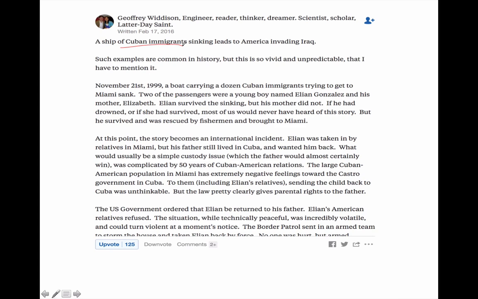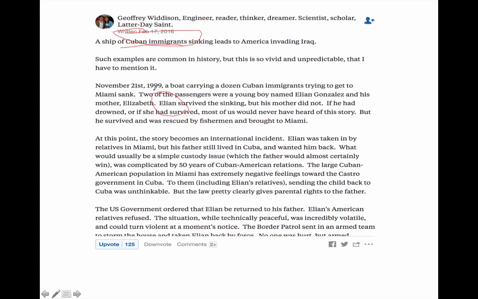So it was a normal event because lots and lots of boats sink every day in the ocean. But this particular one was very peculiar because it was carrying Cuban immigrants, and there was a boy who lost his mother.